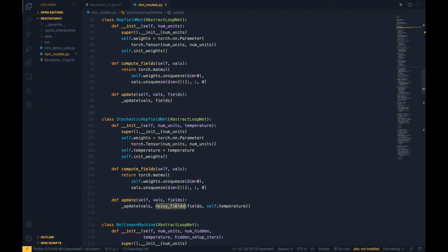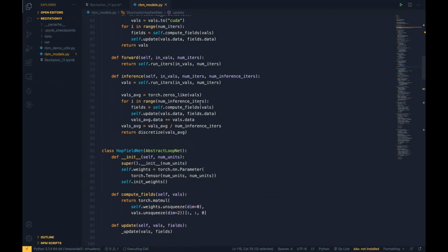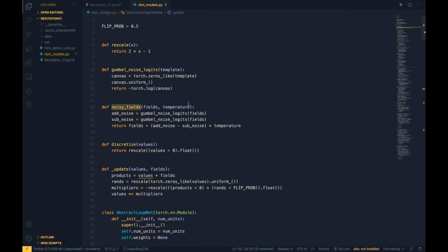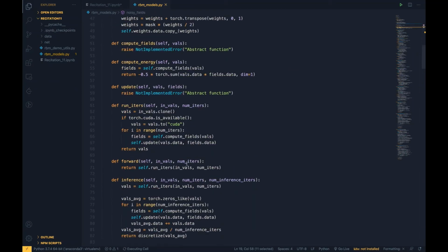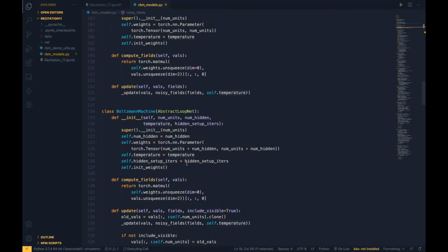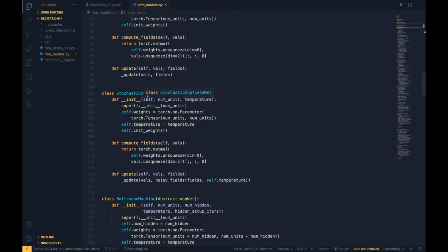The noisy fields, as we talked about earlier, just add some randomization to the fields. How likely this randomization will affect the fields is determined by the temperature. So that's the stochastic Hopfield network.